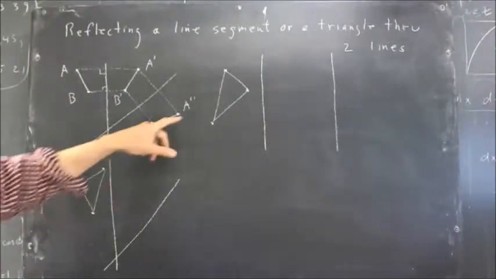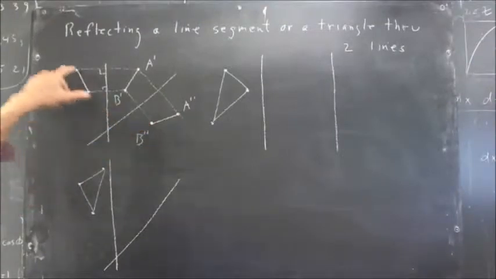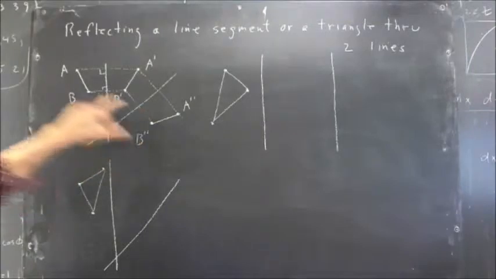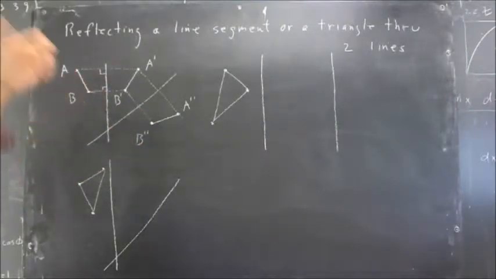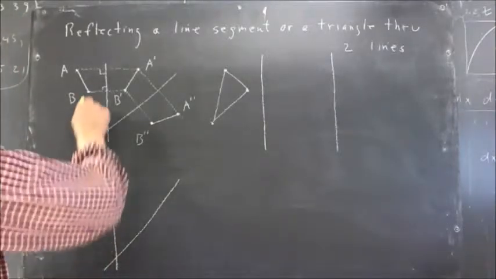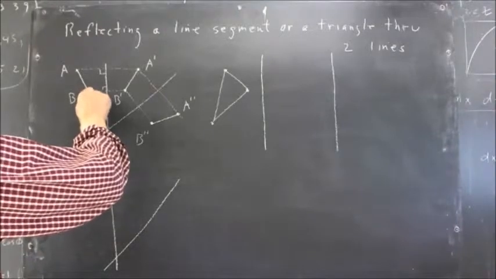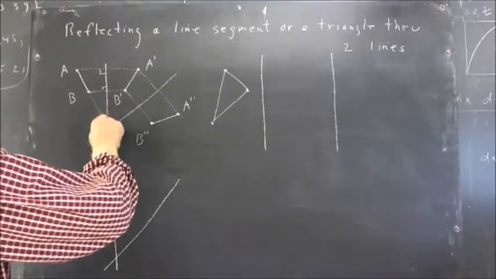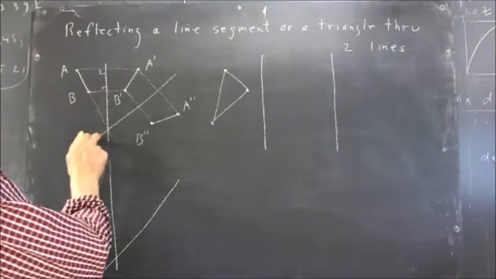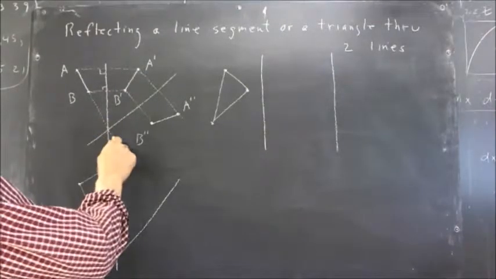Now, the segment A double prime, B double prime makes some angle with this segment, and we could actually figure out what that angle is. We can sketch that angle. Let's just extend the AB segment, and there's no reason that that should go through this point of intersection. That's just a coincidence.